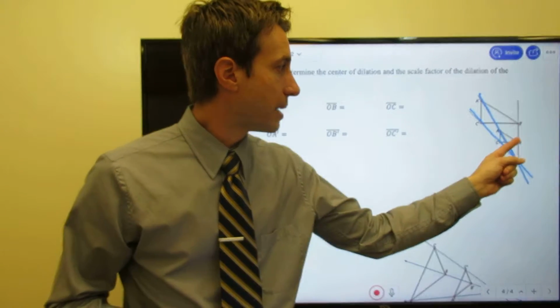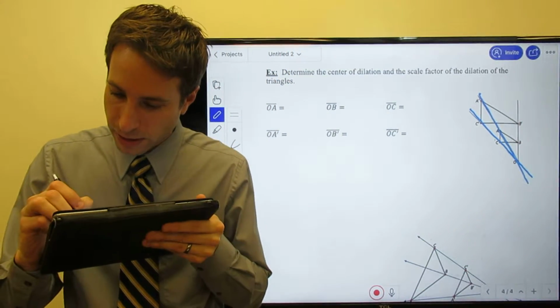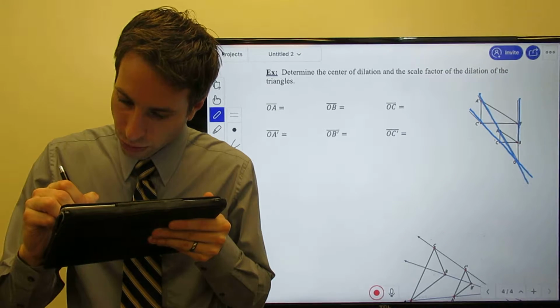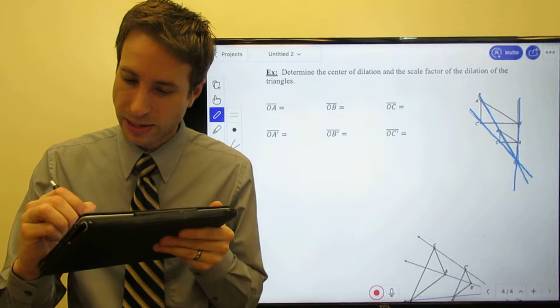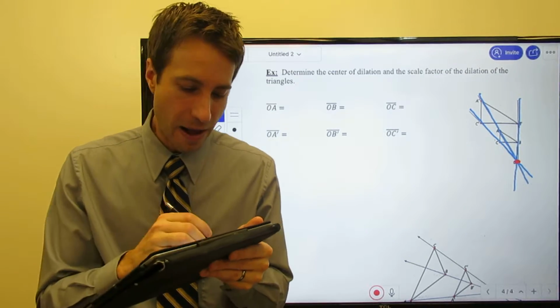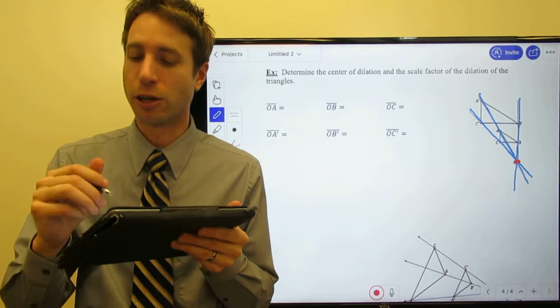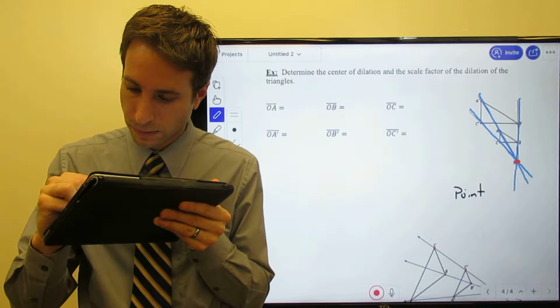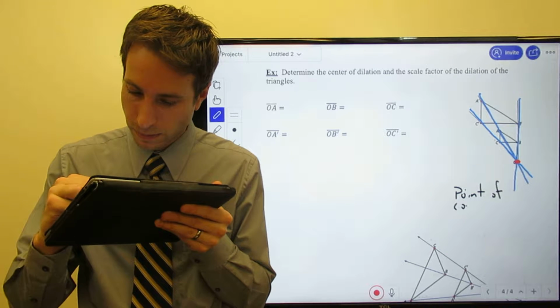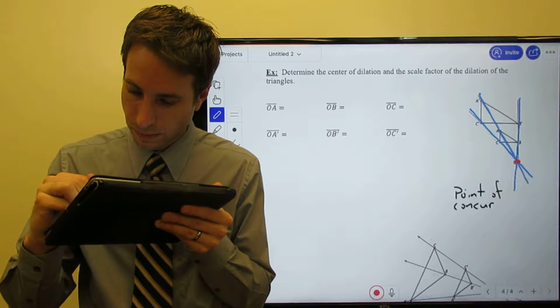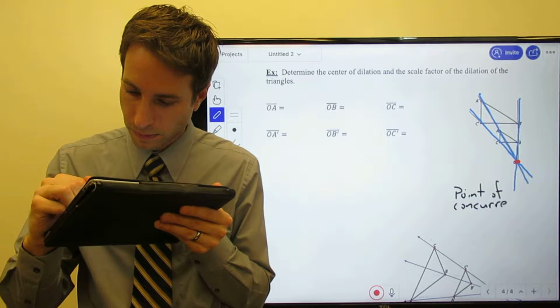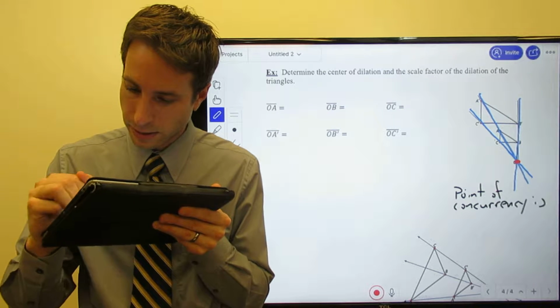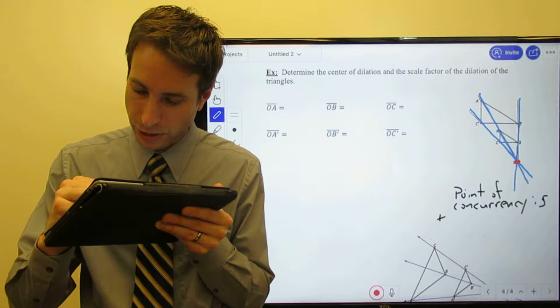And then B and B prime, corresponding vertices, draw a straight line through those. And what we're saying is this: the point of concurrency is the center of dilation.